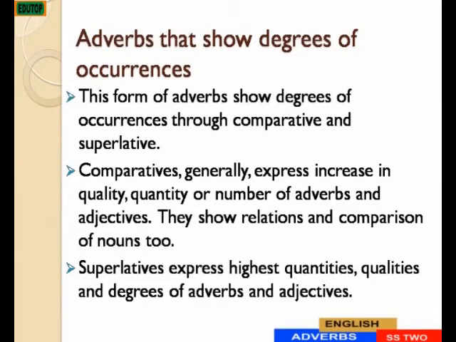Comparatives generally express increase in quality, quantity, or number of adverbs and adjectives. They show relations and comparison of nouns too. Superlatives, on the other hand, express the highest quantity, qualities, and degrees of adverbs and adjectives.